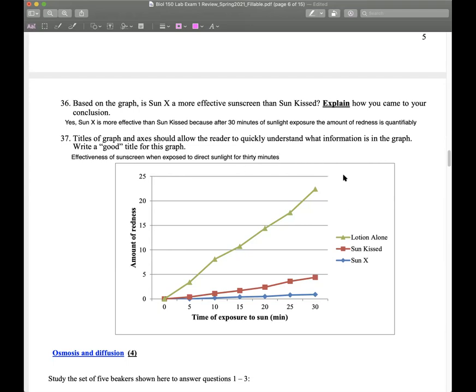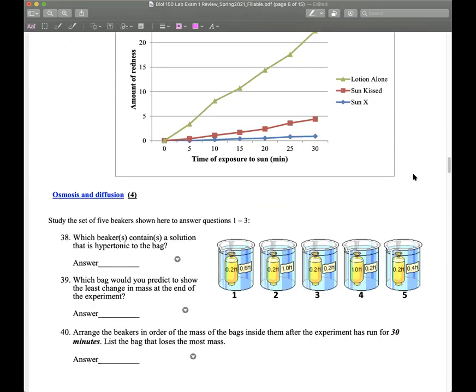But the more detail you put into a title, the better. So even if it sounds kind of silly or long-winded, I would err on the side of putting too much detail into your title. At least that's what I look for as an instructor when I'm grading graphs. I like to see really good descriptive titles. So I would recommend that.